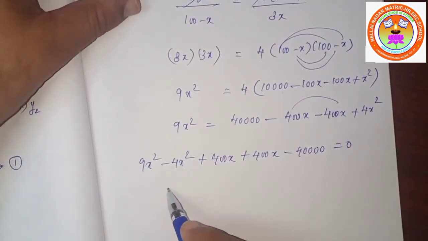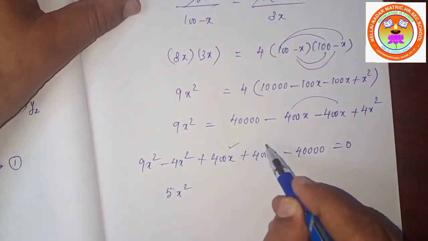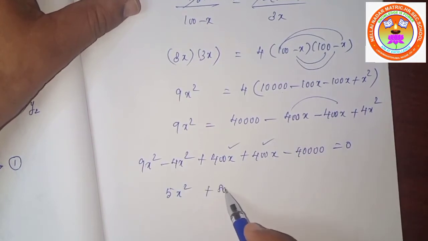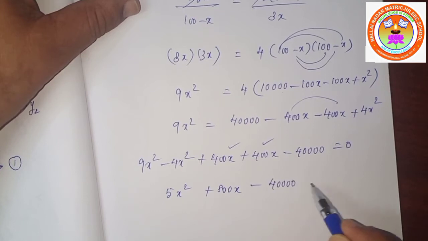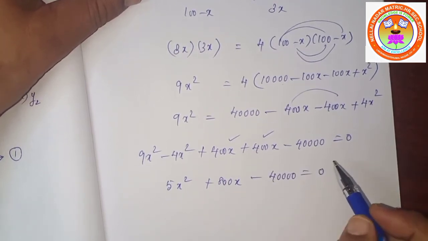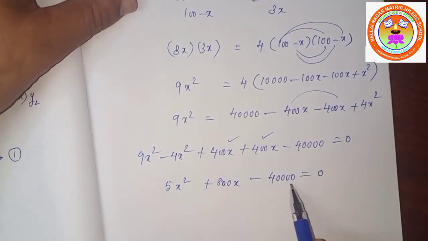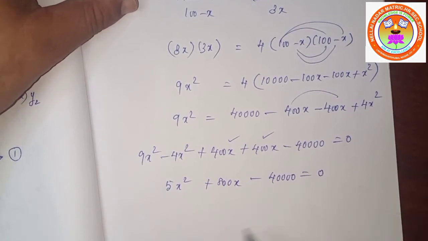9x square minus 4x square equals 5x square, together 800x minus 40,000 equals 0. Here 5, here 800, this is 40,000. Each and every one can be divided by 5.